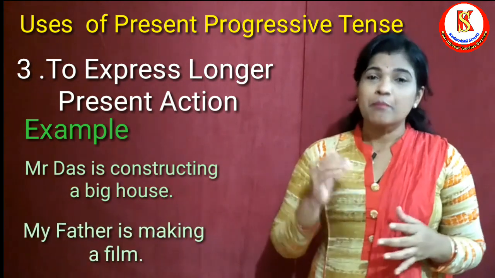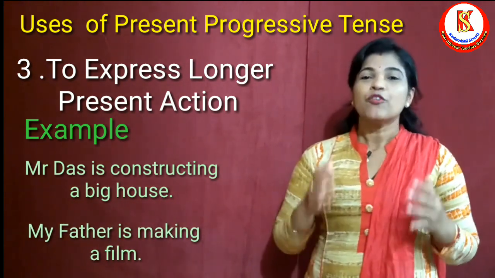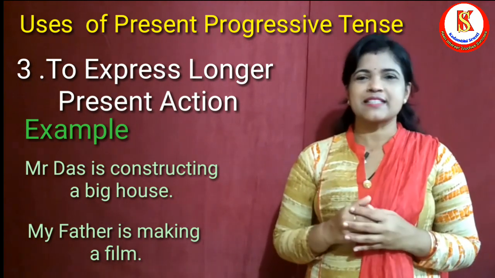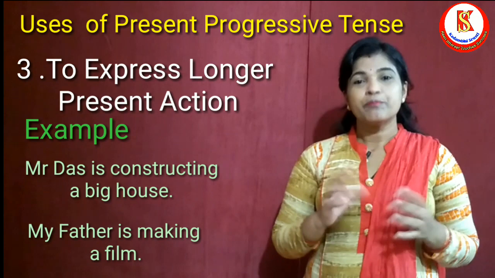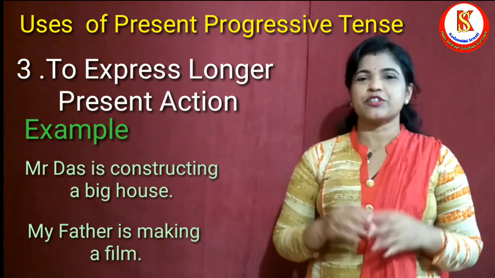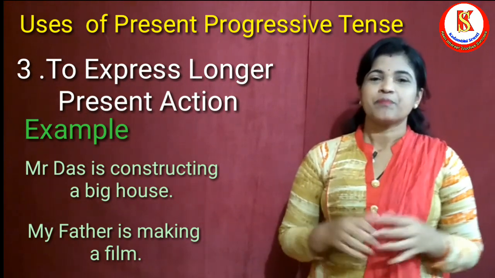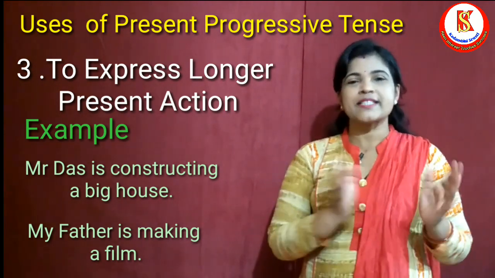Another example, my father is making a film. Again, when the speaker speaks this sentence, maybe he is not doing the particular job at that moment, but he is working on that particular action for this duration. So it is a little bit longer again than the second one.